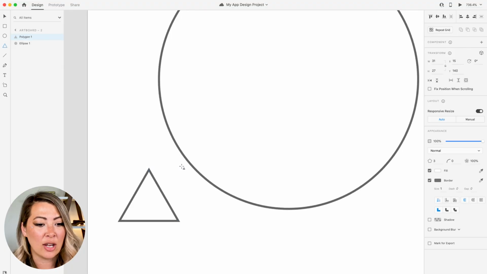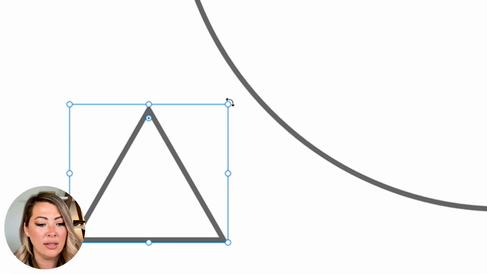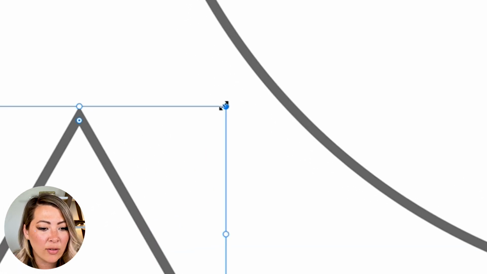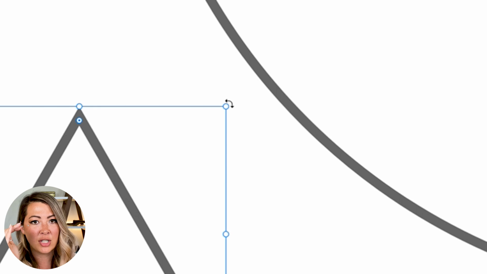So now I'm going to reposition this triangle. How I can do that is I can grab one of these hollow points, and when I hover over it, you're going to see it when it turns into this sort of rounded, curved shape.